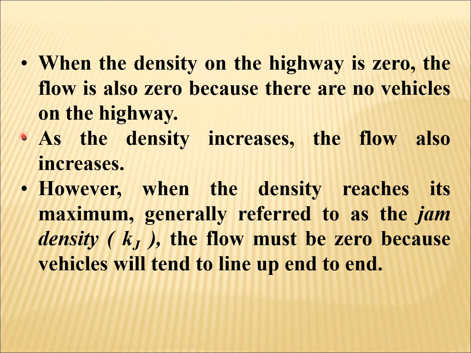As the density increases, the flow also increases. However, when the density reaches its maximum, generally referred to as the jam density and denoted by K sub j, the flow must be zero because vehicles will tend to line up end to end.